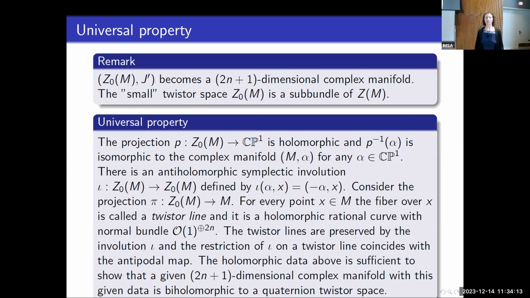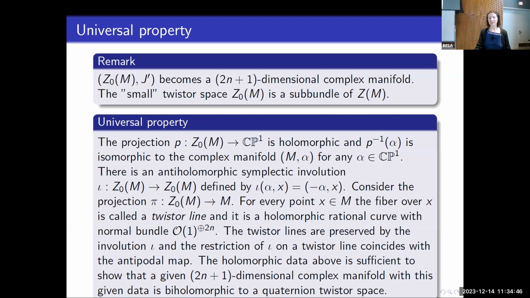You can take a fibration over CP1, and then the fibers over it will be the complex manifold M with the almost complex or complex structure coming from CP1. And there is a natural anti-holomorphic symplectic involution. On the fibers, it is just the antipodal map.